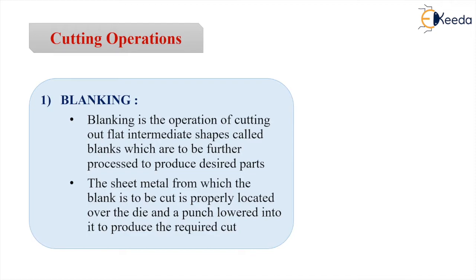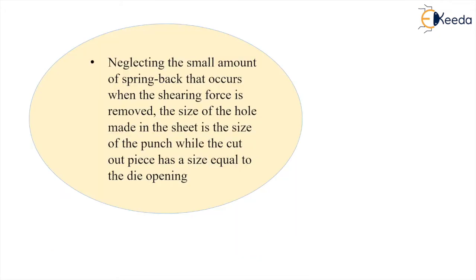The sheet metal from which the blank is to be cut is properly located over the die, and the punch is lowered to produce the required cut. So we are locating the sheet properly onto the die, and the punch is lowered to get this blank. Neglecting the small amount of spring back that occurs when the shearing force is removed, the size of the hole made in the sheet is the size of the punch, while the cut out piece has a size equal to the die.